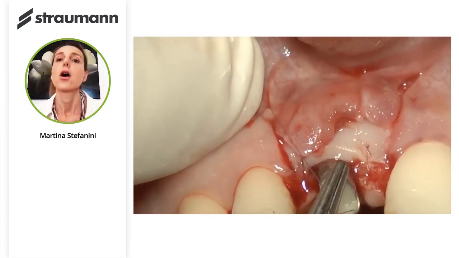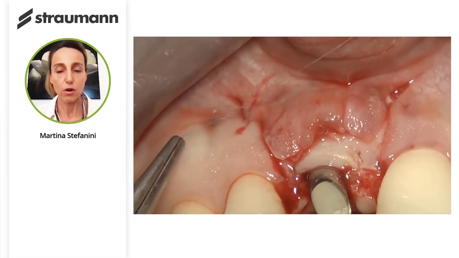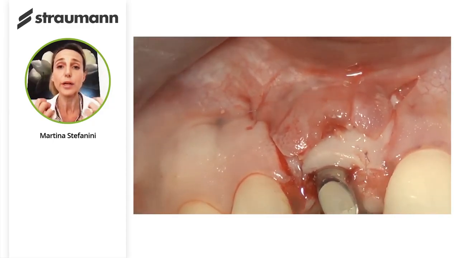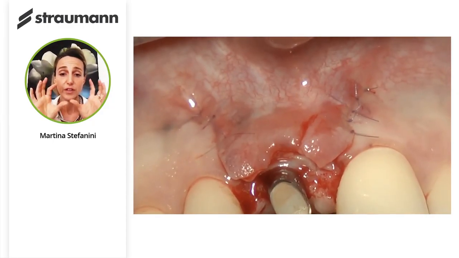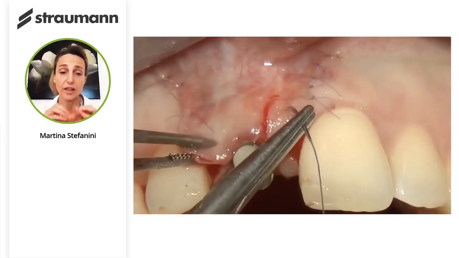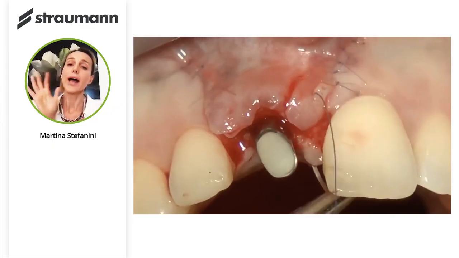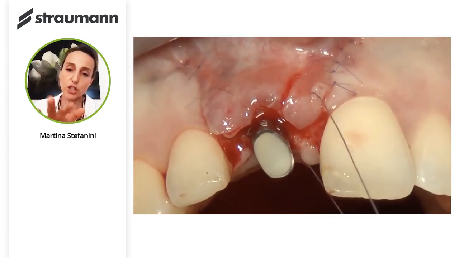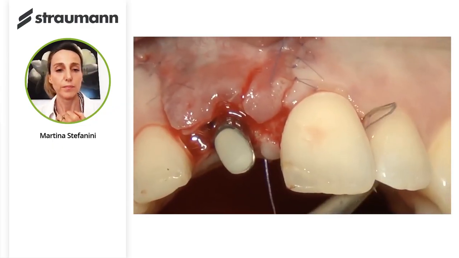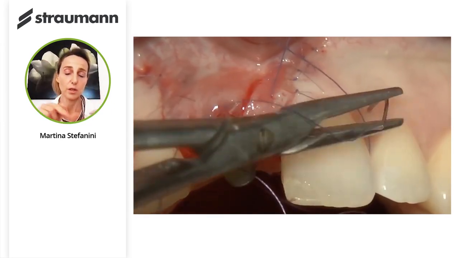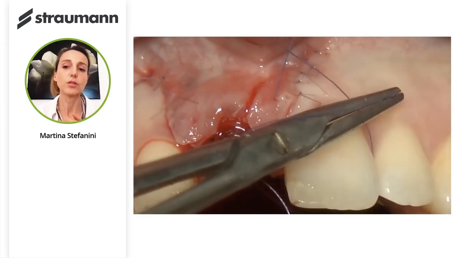Flap closure always starts at the level of the most apical extension of the vertical releasing incision to gradually reduce the tension for the last important suture, the sling suture, which is able to adapt the surgical papilla above the anatomical one. Usually around teeth, we suspend the suture around the tooth with the recession defect.